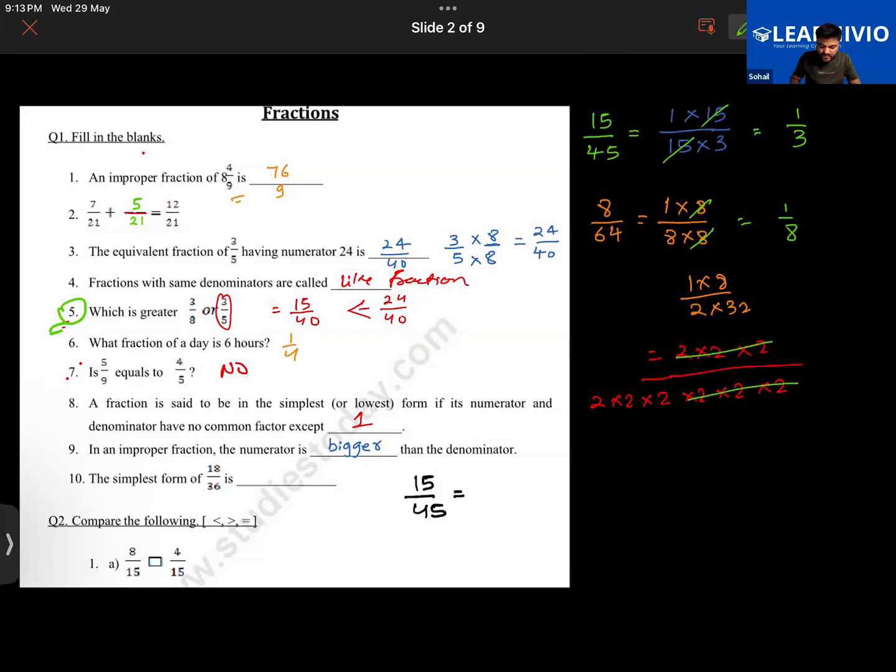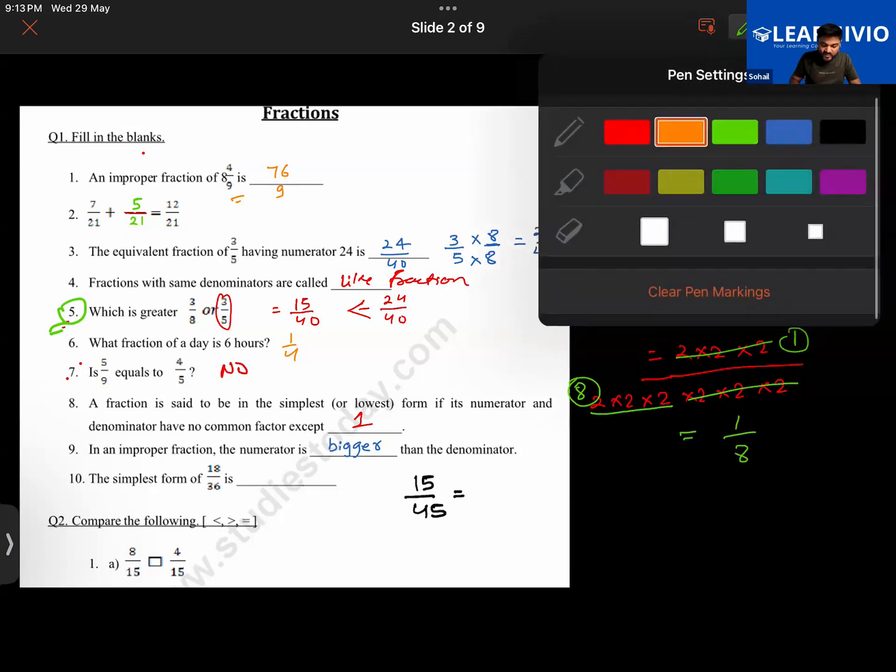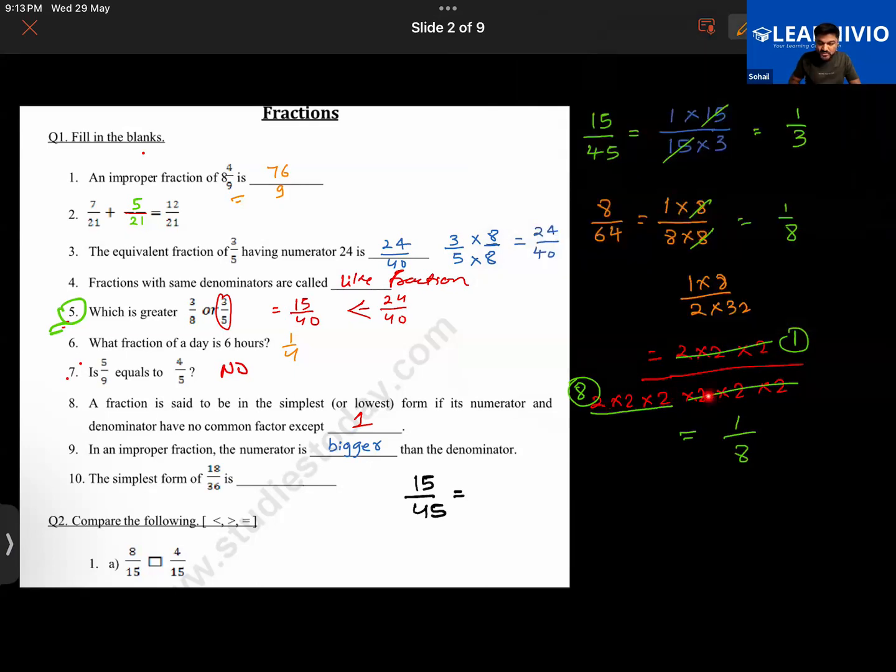They get cancelled. What is left? 1 is left in the numerator, 8 is left in the denominator. So in exam, if you have difficulty, you can break it further like this also. I have given you a short method, but if you face difficulty, you can break it like this.